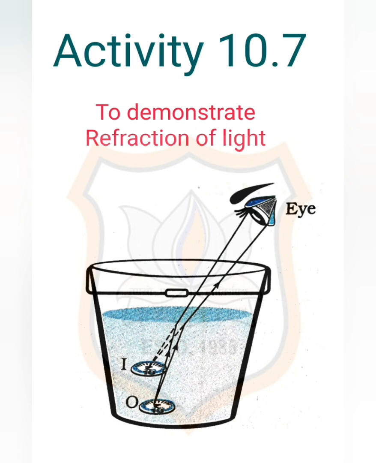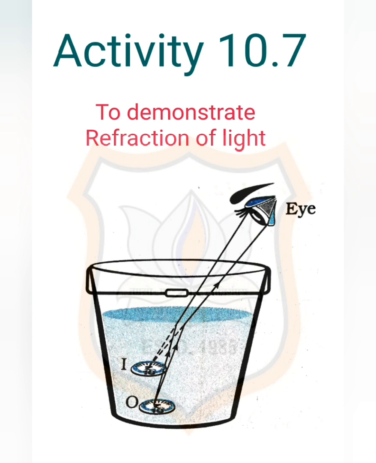As shown in the figure, let's suppose a coin is at point O position at the bottom of a bucket filled with water. Now, when we view this coin with our eye to a side just above the water, we observe the image I of the coin, not actually O, which is above the O. When we try to pick up this coin in one go, we do not succeed.